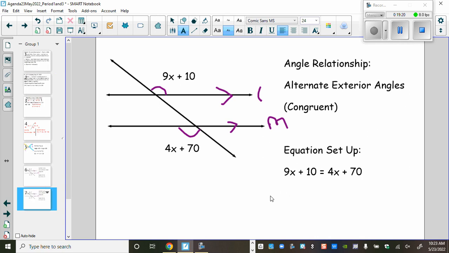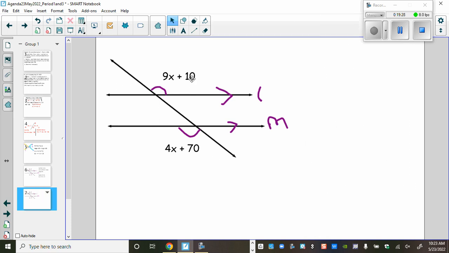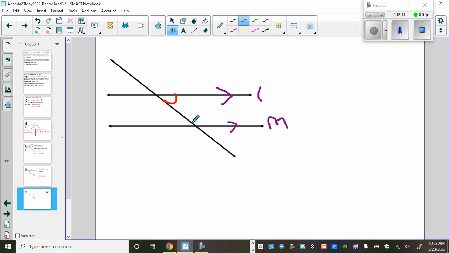I'm going to show you what I'm going to do. Here's what I am going to do for this next problem. You're going to have these two angles.